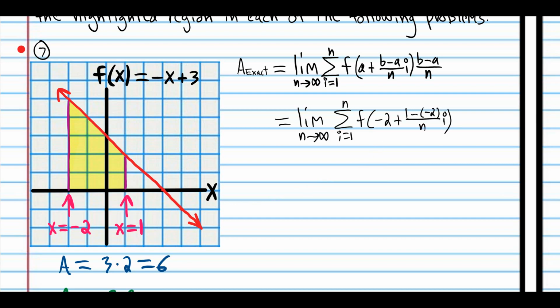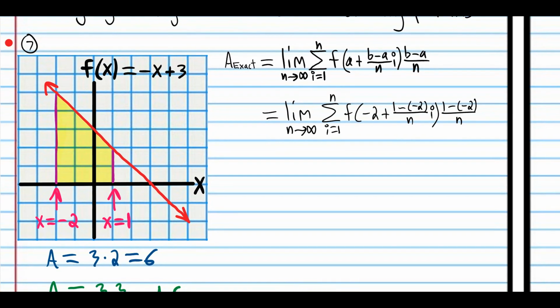We don't know how many rectangles we're going to use, so we just say n, because we're going to let the number of rectangles approach infinity. But for now, we're just saying we have n rectangles. Okay, so we have -2 plus 3 over n, I times 3 over n. So there you go.